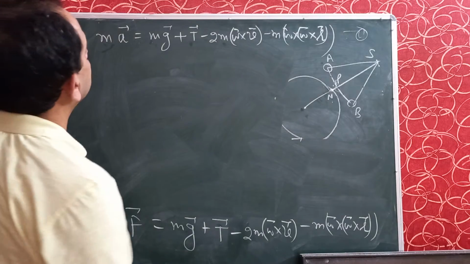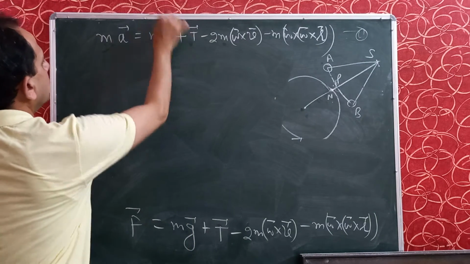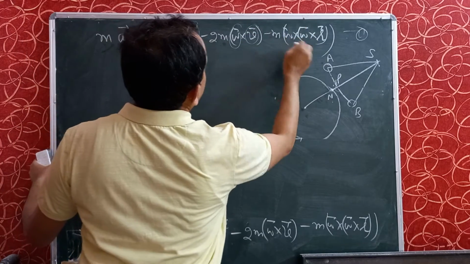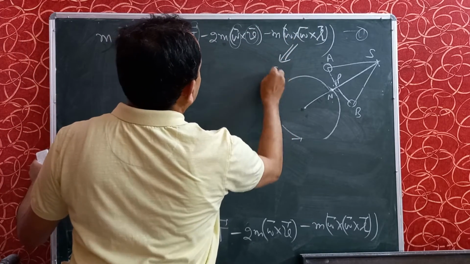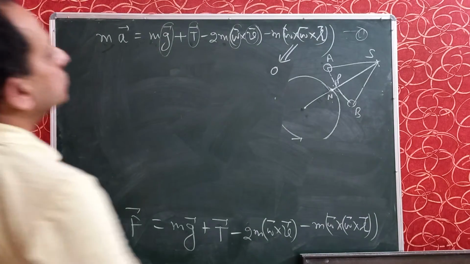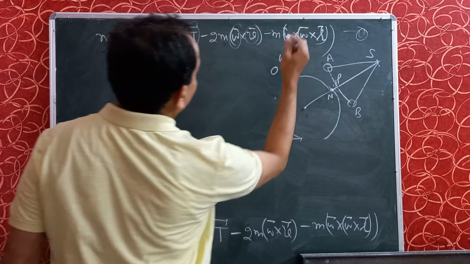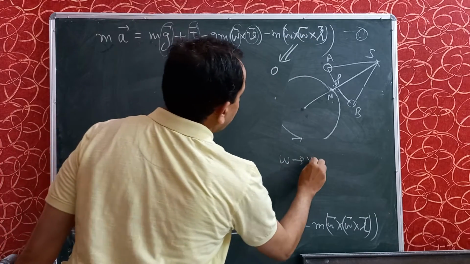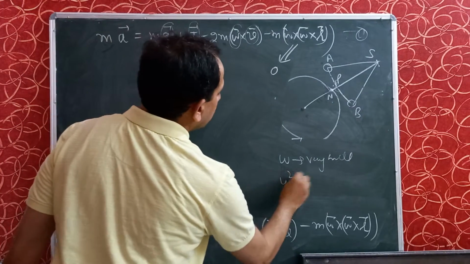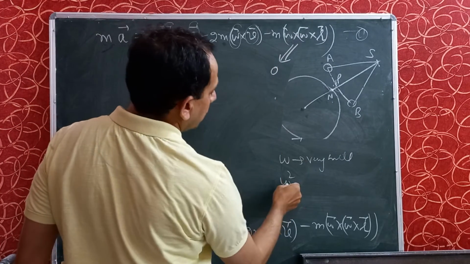Now we will split all the vectors. Let this term be 0. Why? Because this term contains omega into omega. As omega is very small, we have already assumed that, and when you multiply omega with omega it becomes omega square.